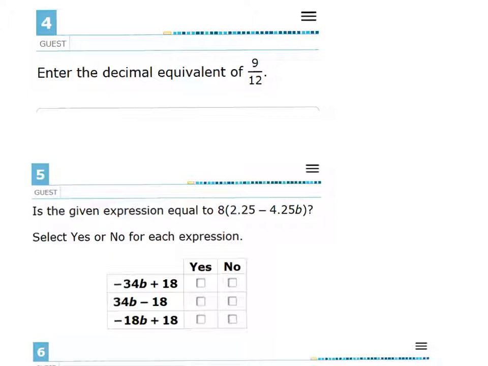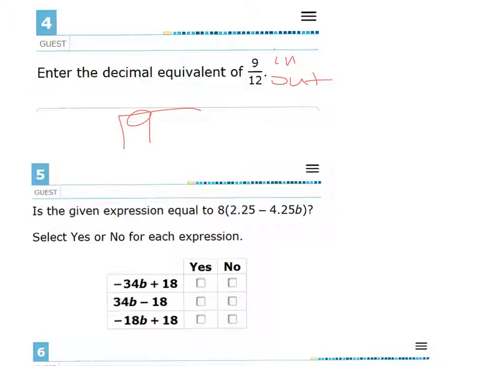For question 4, enter the decimal equivalent of 9/12. Now, what we would do here is make sure that we solve by dividing. So we know that the top number goes in the house and the bottom number goes out.